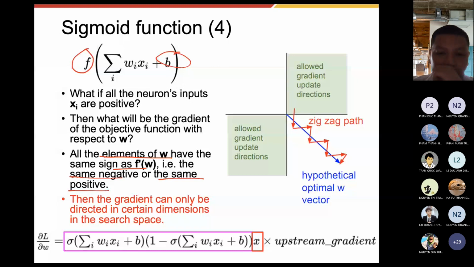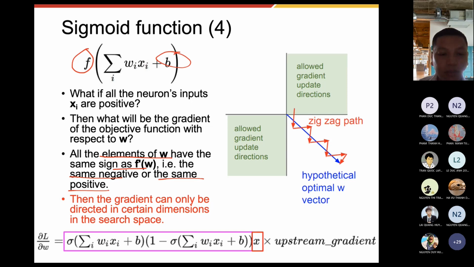Okay. So you see that in the sigmoid function, we have the problem that this is, for example, a formulation for the derivative of the loss over the weight W, and this is the derivation of the sigmoid, and this is x, and then this is the upstream gradient.